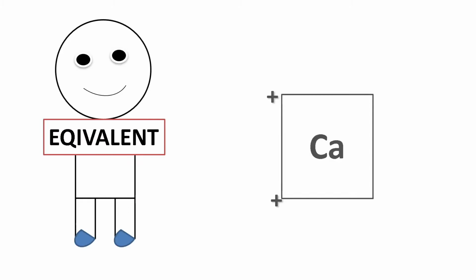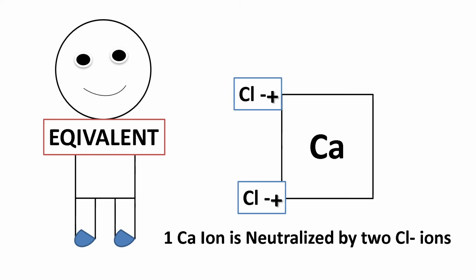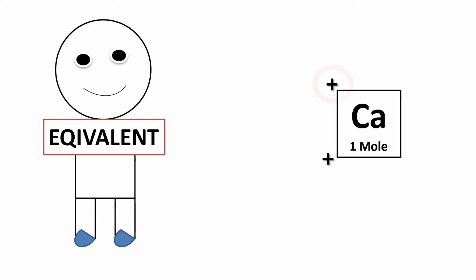Calcium is a bivalent ion. It will accept 2 oppositely charged ions, for example, negatively charged chloride ions. Therefore, 1 calcium ion is neutralized by 2 chloride ions. Suppose we have 1 mole of calcium ions in a solution.